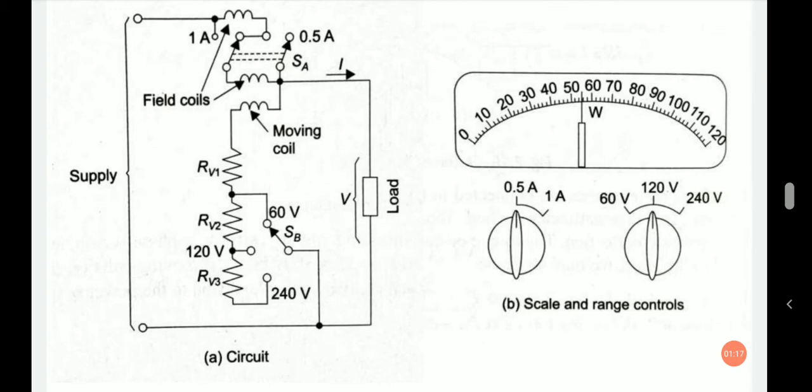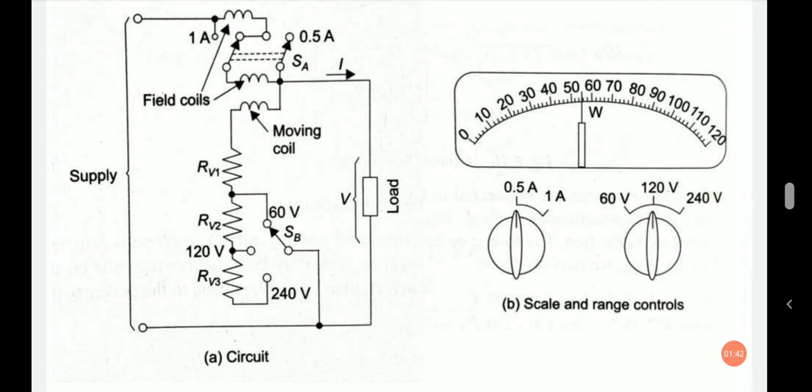From the figure, you can see any value of voltage among 60 volt, 120 volt and 240 volt can be selected using switch SB and multiplier resistors connected in series. Switch SA is provided to select the current range.